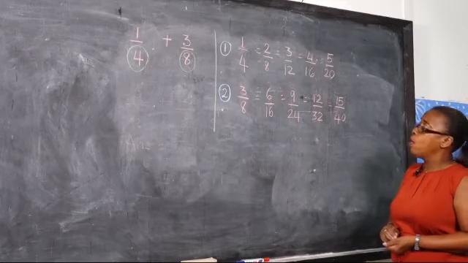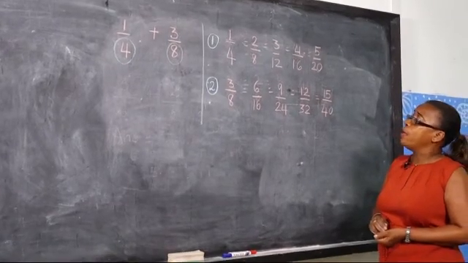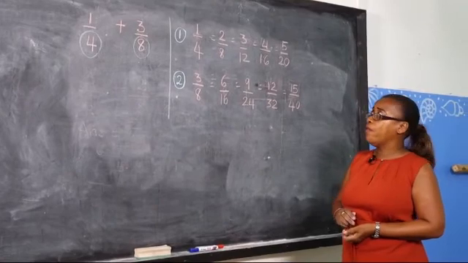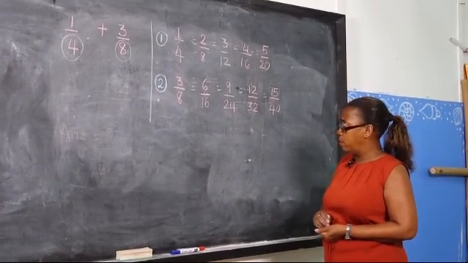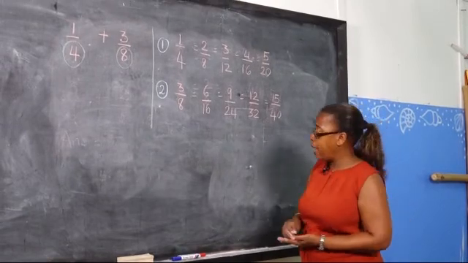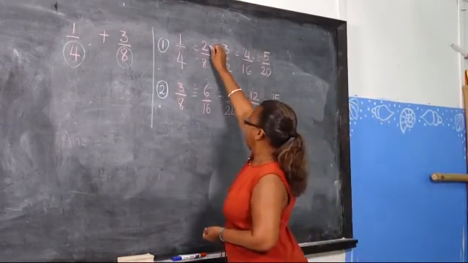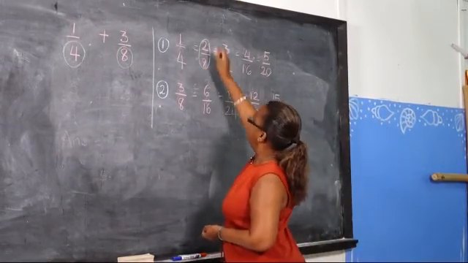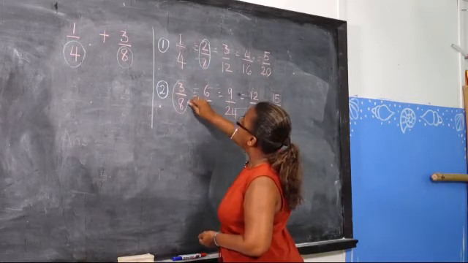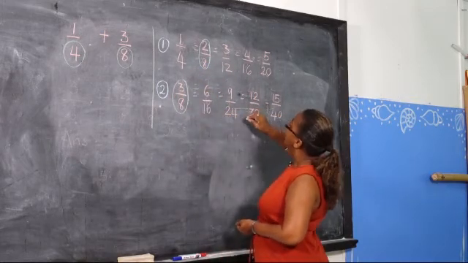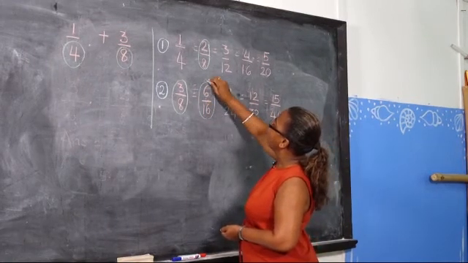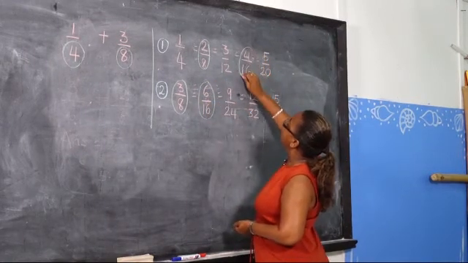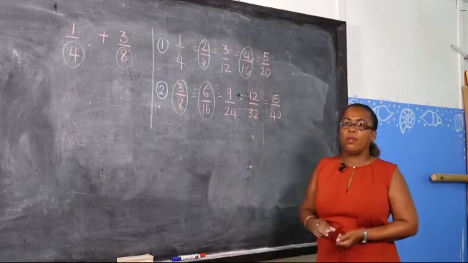We said we're going to use fractions that have common denominators. Now let us look at them. Here I have 1 and 1. I have 2 8s here, 3 8s here, and 16th and 16th as well. So what should I do?